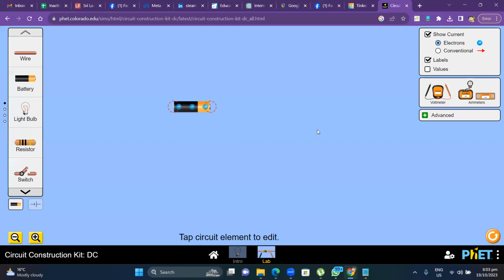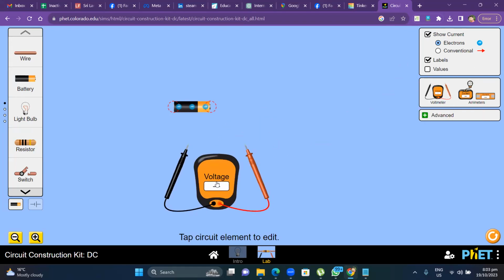There is energy stored inside the battery that can be measured using the voltmeter. Let's put the black end to the negative end, and the red end is the positive end. When you touch, it measures the voltage, and it says it is a 9-volt battery.